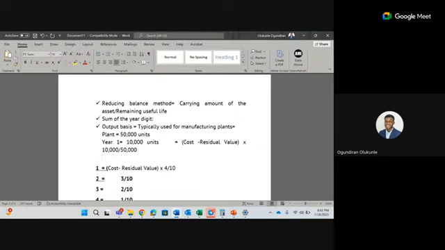So it means the second year, we're able to produce 20,000. Then we will use the same method, cost, but this time multiplied by 20 divided by 50. Don't forget that we have anticipated that 50,000 units is going to be produced. So what we are doing is allocating the cost.